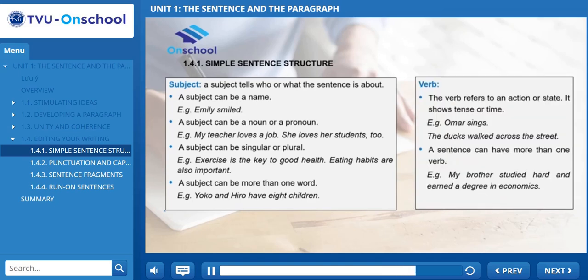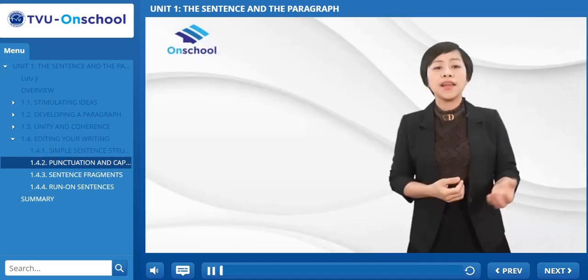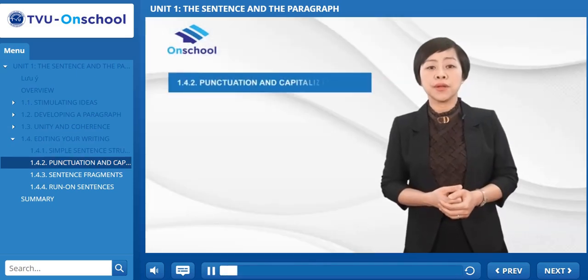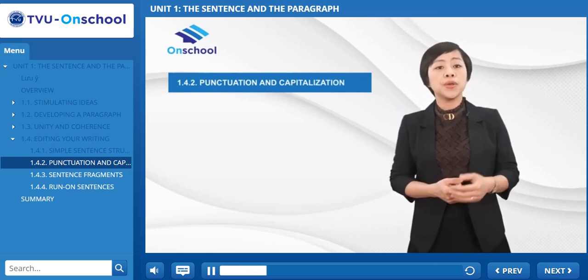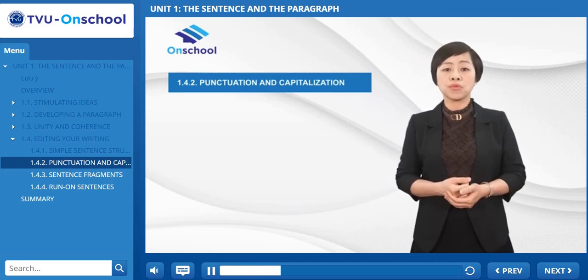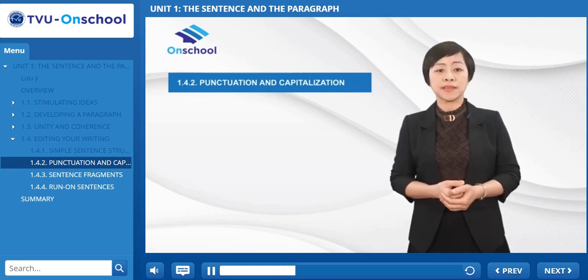What about verbs? The verb refers to an action or state. It shows tense or time. For example, verbs can be sings and walked. Let's now turn to the second skill, using correct punctuation and capitalization. You need to remember the following rules when writing your sentences.